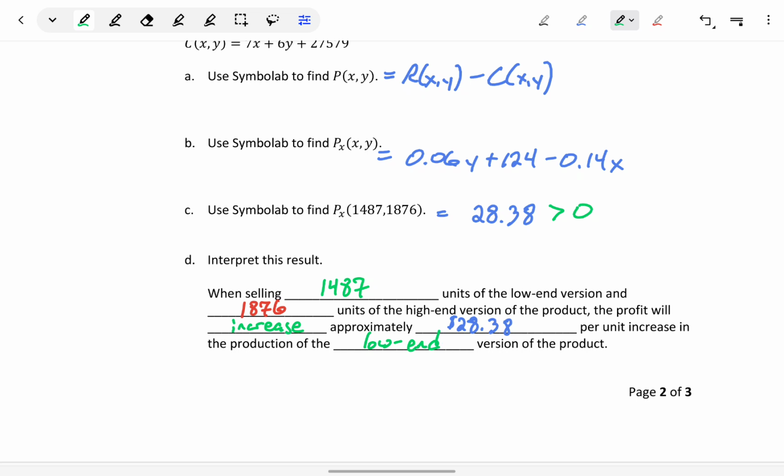And we know it's the low-end version that should be increasing because we differentiated with respect to x, meaning we keep y as a constant value.